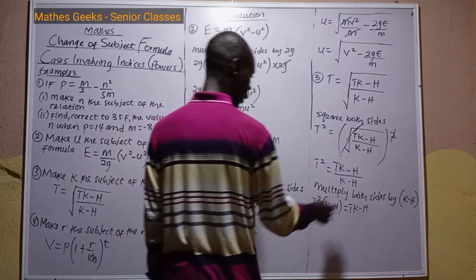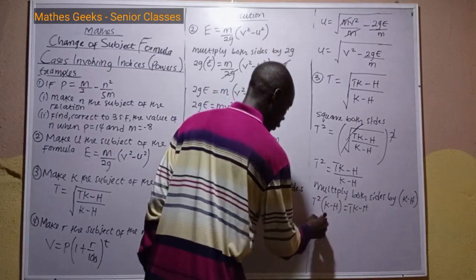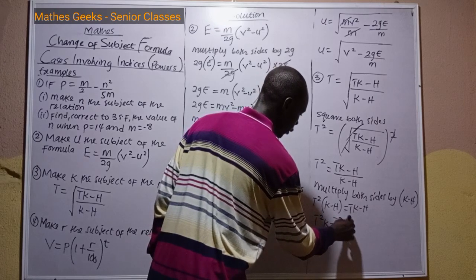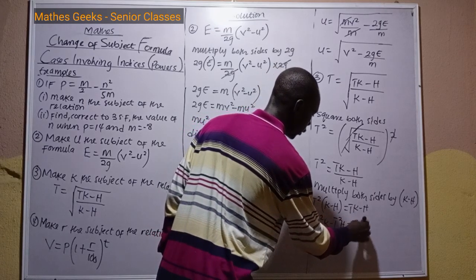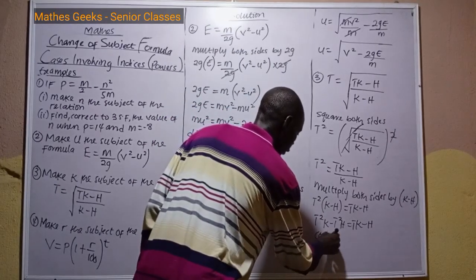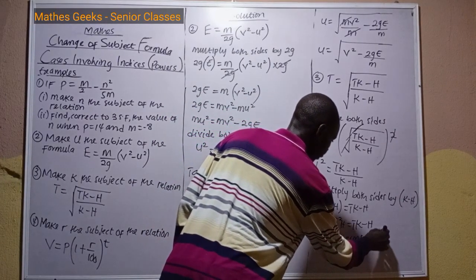Because we want to make K the subject of the formula, and K is on both sides of the equation, let's open our bracket. T squared K minus T squared H equals TK minus H. So we're going to collect terms in K together.